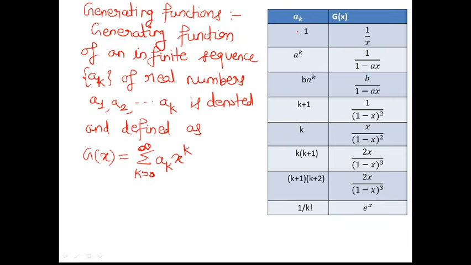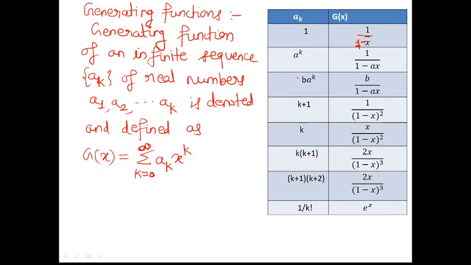Here a_k is the general term of the sequence, and whatever its corresponding generating function is, it is denoted by g of x. For example, if the general term of the sequence is 1, then its corresponding generating function will be 1 upon 1 minus x.